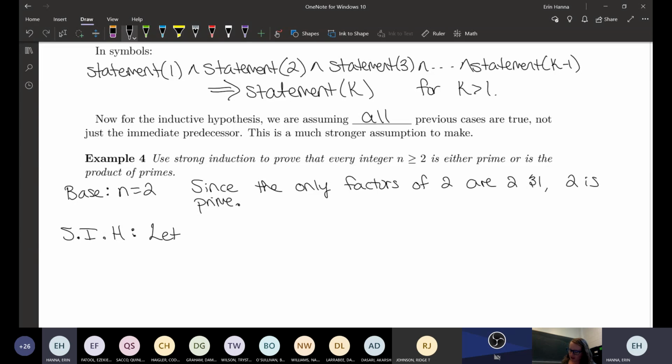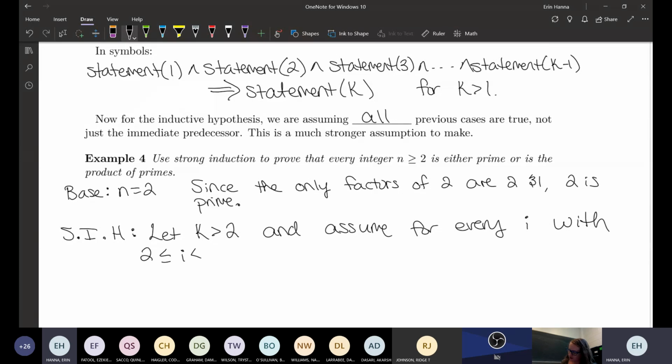We'll say let k be greater than 2 and assume for every i, now a lot of this is just the generic notation for the proof setup, so I'll explain it in a second after I write it out, is either prime or a product of primes.